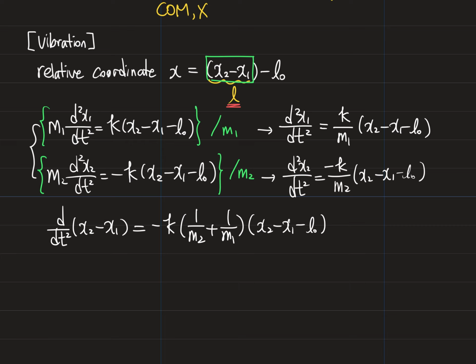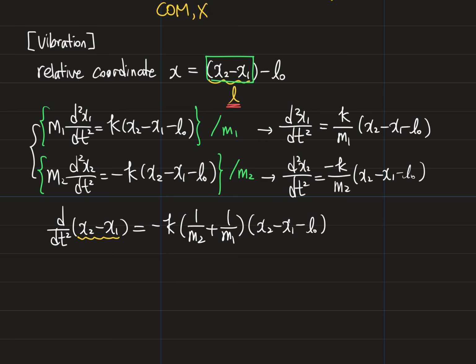And let's refine this equation a little bit more. So let's take a look at this part. So x2 minus x1, this is simply measuring how the positions of the two atoms deviate from the equilibrium length.